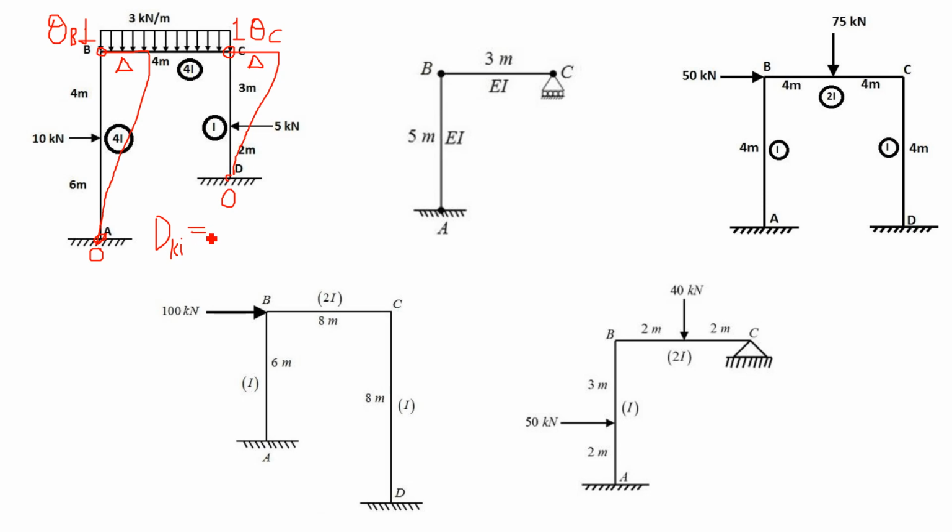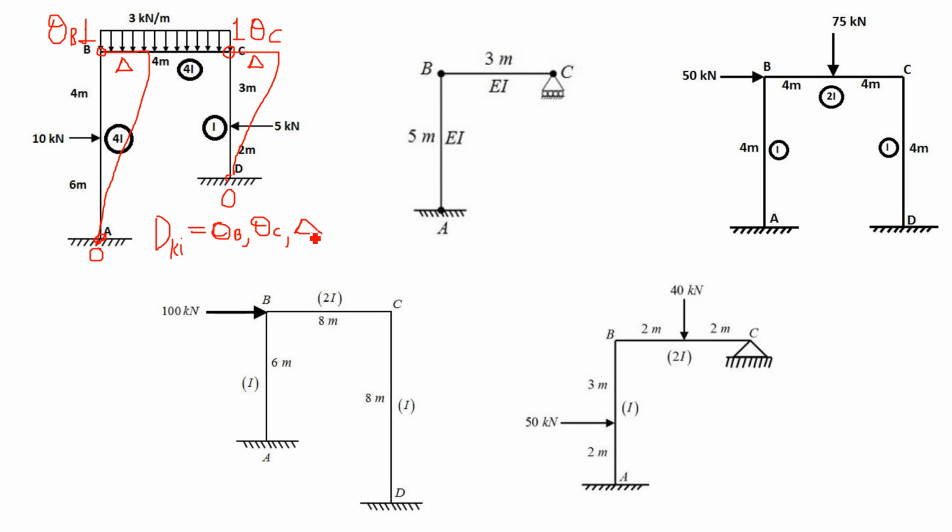DKI equals theta B, rotation at point B, then theta C, rotation at point C, and then delta, called horizontal sway or horizontal displacement of point B or C, the lateral sway. So DKI of this frame is 3: theta B, theta C and delta.